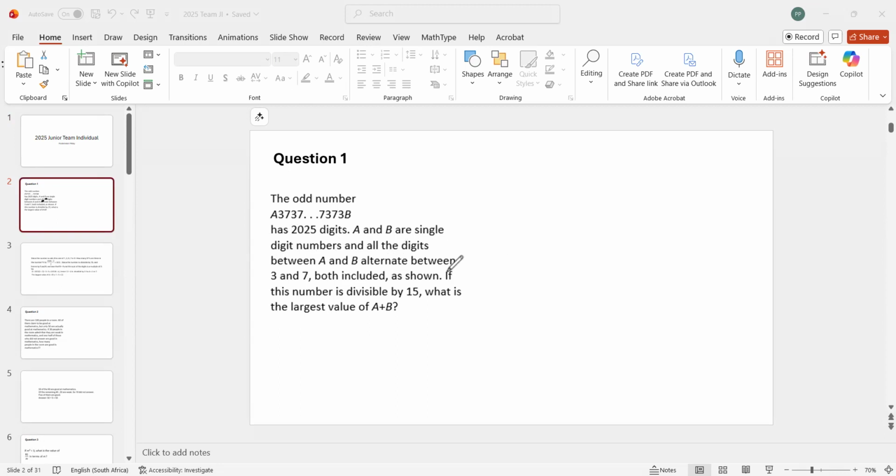If this number is divisible by 15, in other words, this number is a multiple of 15, which means it's a multiple of 5 as well as 3.